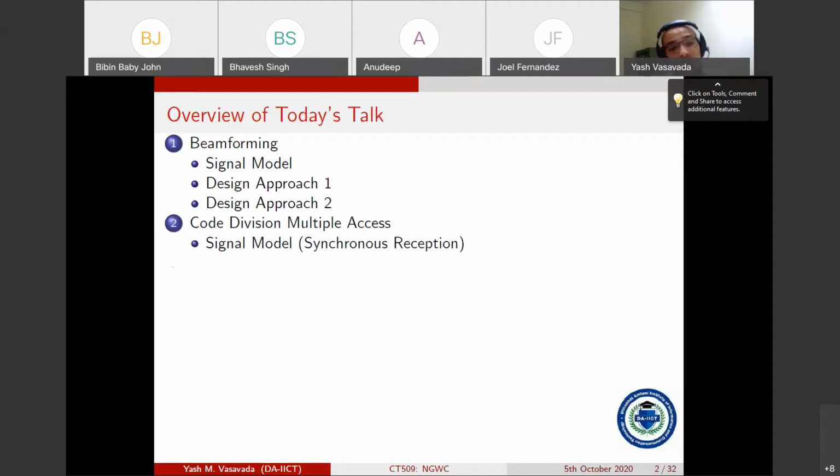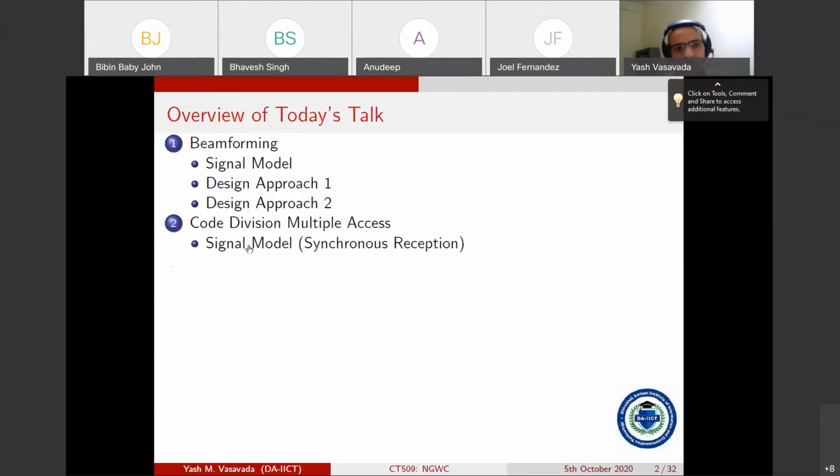My objective is also to bring in MIMO reception. I think I ran out of time in preparing this set of slides, and so I haven't folded the MIMO part here, but I will probably do it later on. But what I want to show is that beamforming is similar to MIMO, so you can think of beamforming and MIMO as related topics. And then code division multiple access is a completely new framework that we'll be looking at.